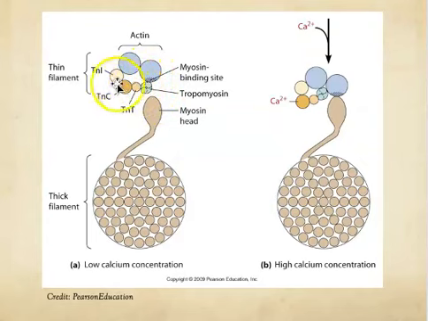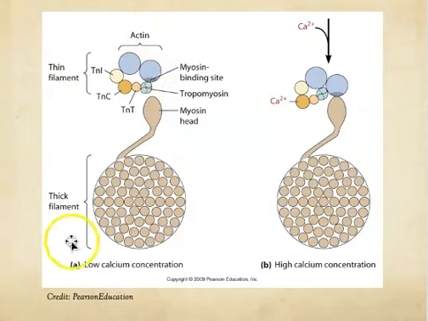And here are the three parts of the troponin: TNI, TNC, and TNT. Remember, the TNT binds to tropomyosin, the TNI binds to actin, and normally in a relaxed state, the tropomyosin is blocking this cross-hatched area right here in black. That is the myosin head binding site.